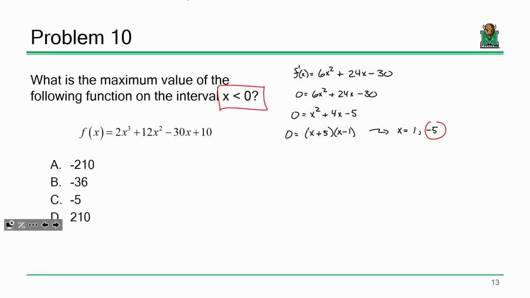That's a good question. All right, so take this value of -5, plug it back in. First off, let's see what we get.